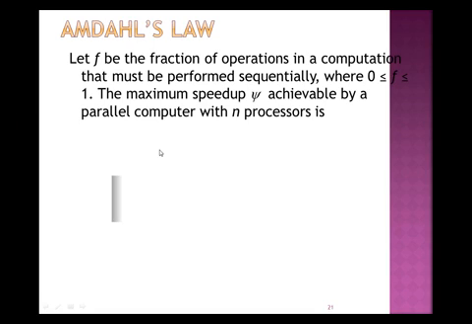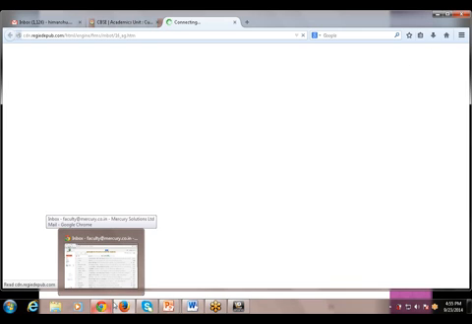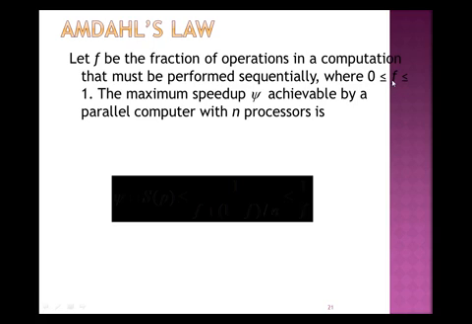Now, let's see. This is Amdahl's law. Let f be the fraction of operations in a computation that must be performed sequentially, where 0 is less than or equal to f, less than or equal to 1.